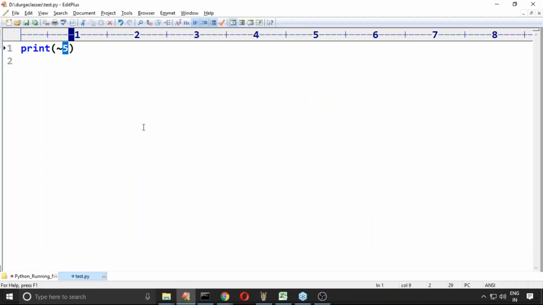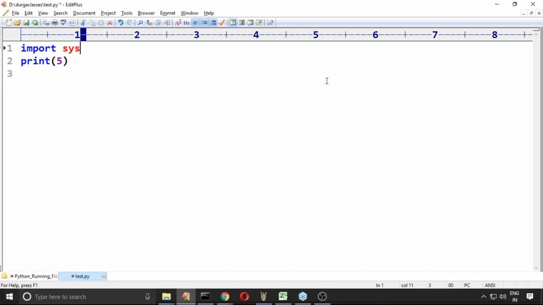The reason for that is very simple. By using how many bits this 5 is represented is very important. We should be aware of how many bits this 5 is represented by. Sir, how to know this? Import the sys module.